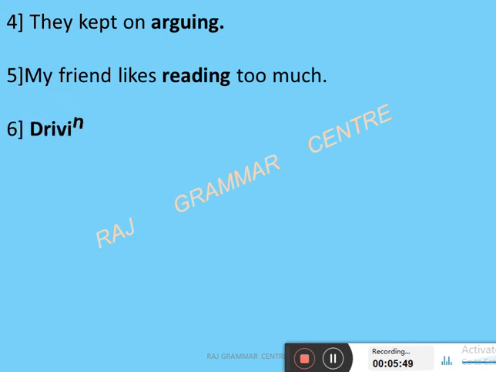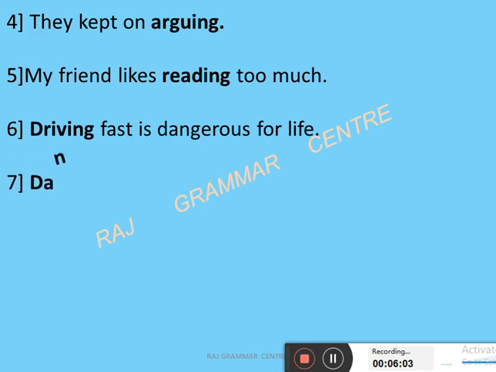Here, in they kept on arguing, it is in the place of a noun, the object place. My friend likes reading too much. Here the first finite verb is likes, the second verb is reading, and reading is in the place of the object.